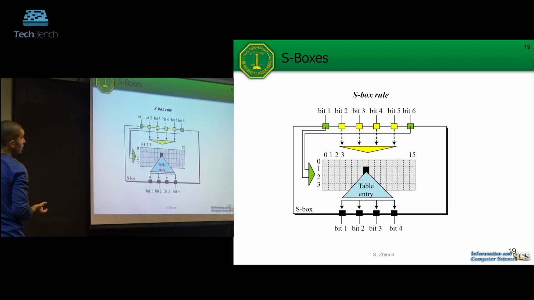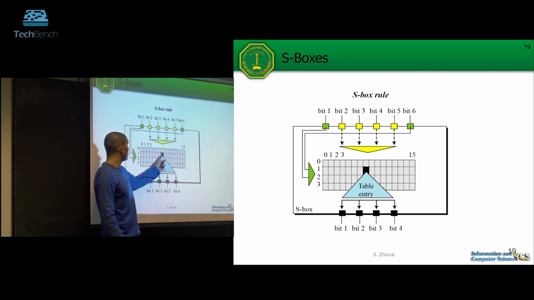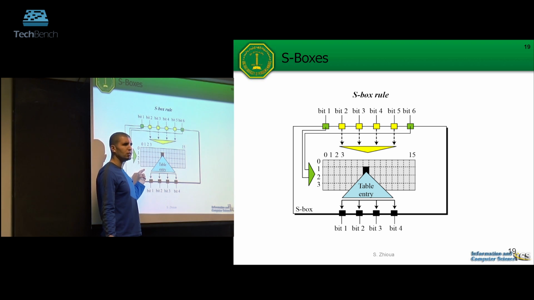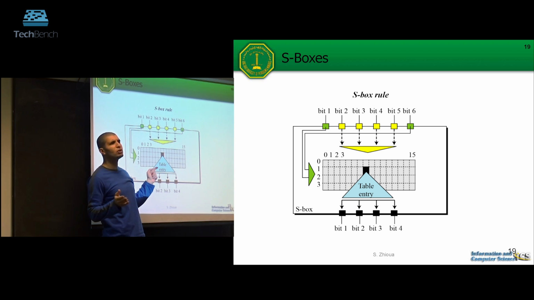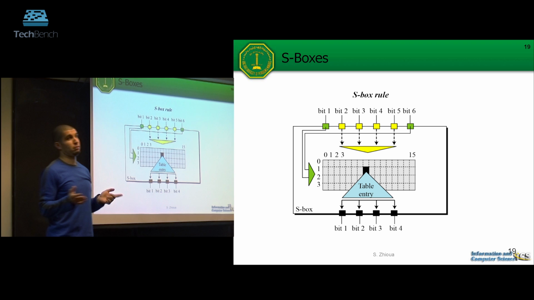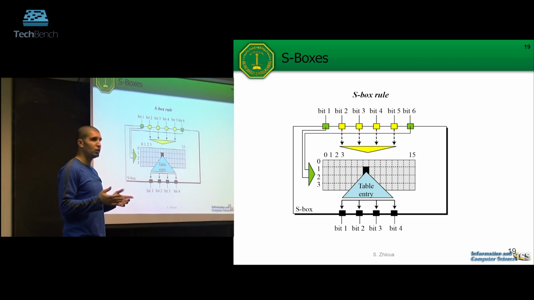It's 16 by 4, which gives you how much? 64 possible values, and 64 values require how many bits? 6 bits.